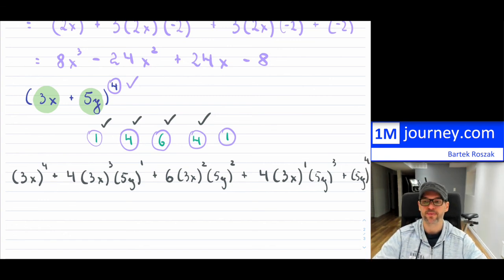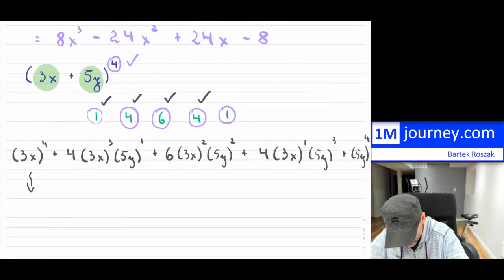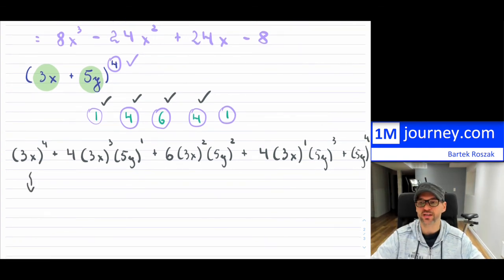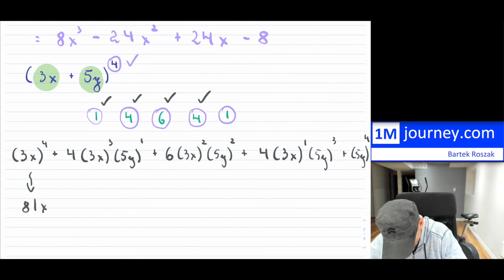And now indeed, we would have to take each term and apply the exponents to the actual numbers, so 3 to the 4. It would start to get a little bit annoying, right? Because now we're going to have these bigger numbers. I mean, that's okay. 3 to the 4, what is that? 81. So we would have 81x to the 4.